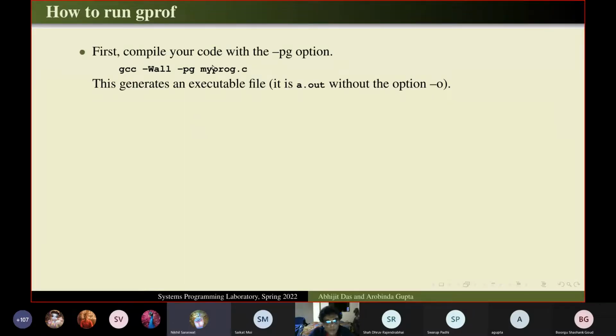First of all, when you compile, you should give this extra option -pg.